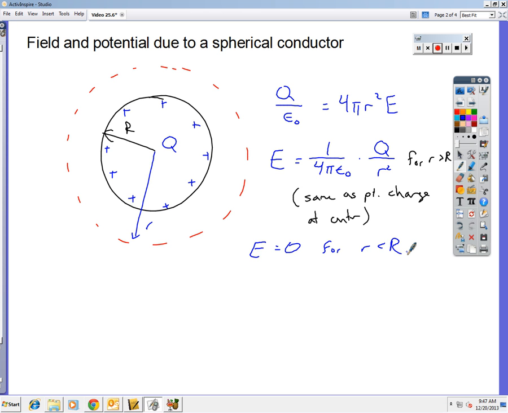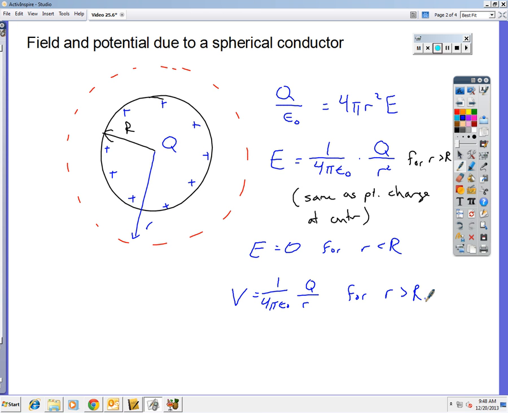Because of the way in which we calculate potential, we take an integral where we start at infinity and come in to a distance r. The result of that is that V equals 1 over 4 pi epsilon 0 times Q over r for r greater than big R. Because the electric field outside the sphere is the same as the field of a point charge, the electric potential outside the sphere will be the same as a point charge.